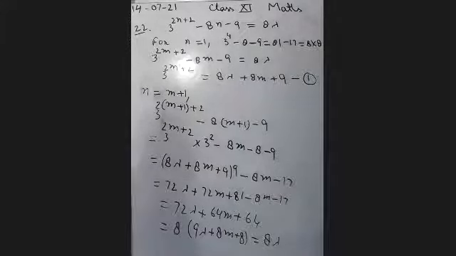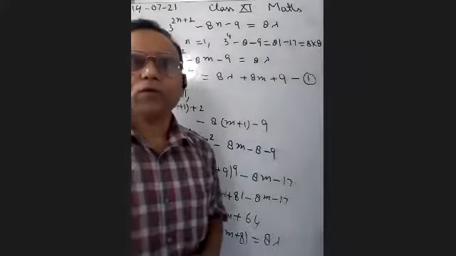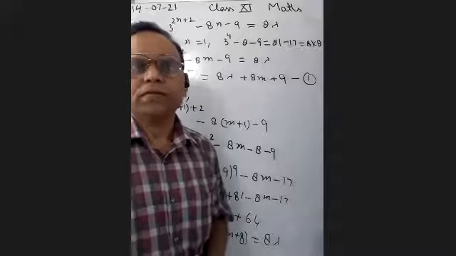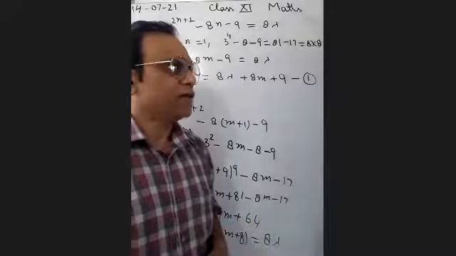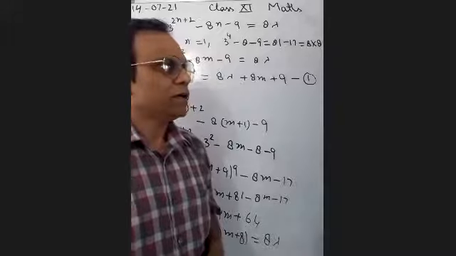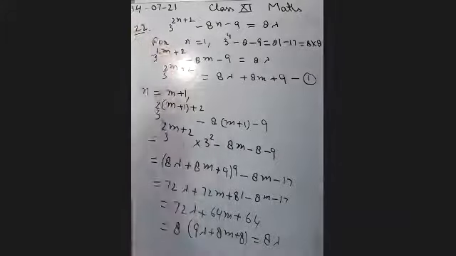Hence, by the principle of mathematical induction, it is true for all n belonging to natural numbers, ठीक है। कोई भी होल नंबर लेते हैं, ये नेचुरल नंबर लेते हैं, तो इसके लिए it is true for all values.